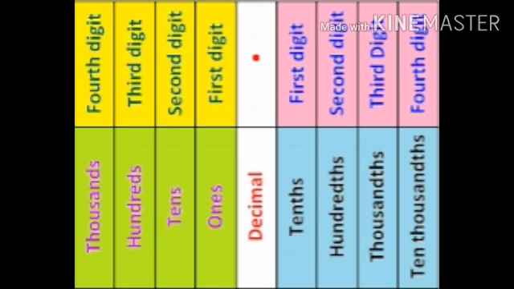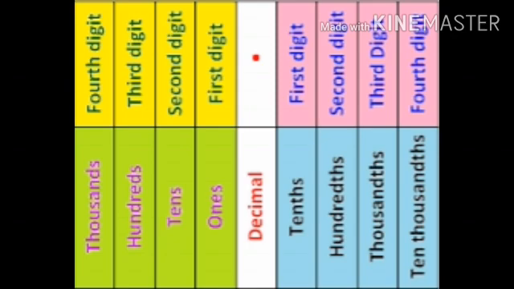For the whole number part, we will follow the same place value system. That is, for first digit ones, second digit tens, third digit hundreds, fourth digit thousands, and so on. And the place value for each digit of decimal part will be followed as given in this chart.